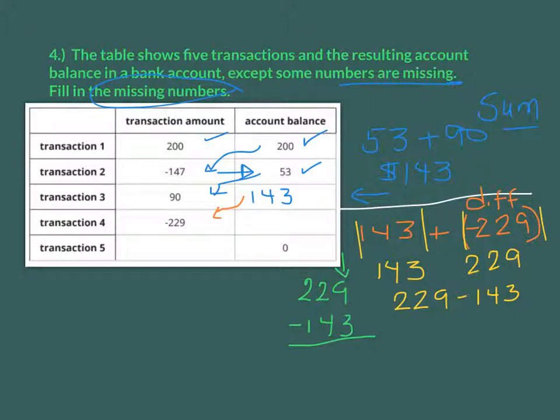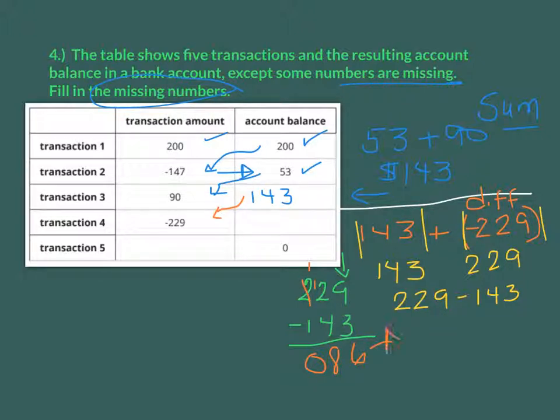So 9 minus 3 is 6. 2 minus 4. Well, I can't do 2 minus 4, so I'm going to borrow from the 2, make that a 1, and then I'm left with 12 minus 4. 12 minus 4 is 8, and I've got 1 minus 1, so that's 0.